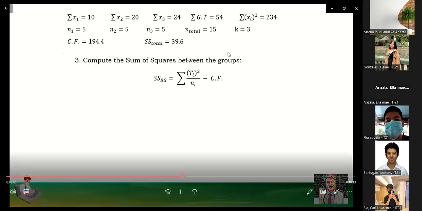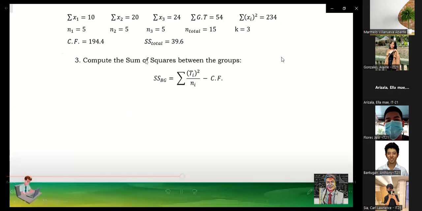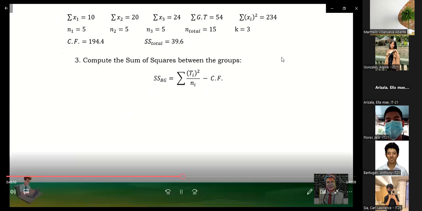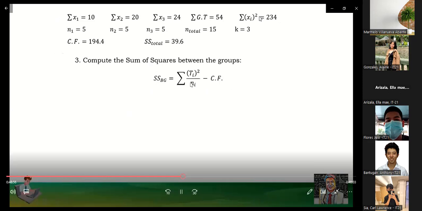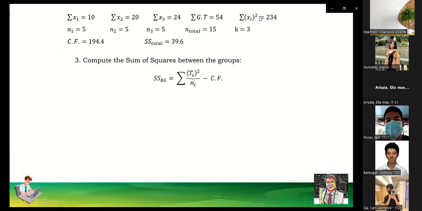Next step natin, third step, compute the sum of squares between the group. Sum of squares or SSBG, which is T sub i squared over n sub i minus the correction factor. T sub i is the total squared, yung specific total, yung bawat total i-squared natin over yung specific na count niya.